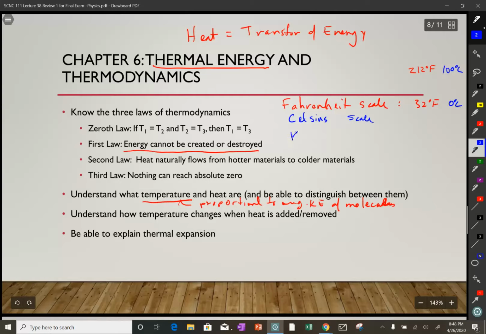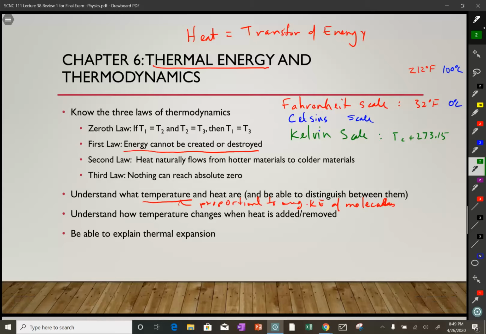And then we have the Kelvin scale. The Kelvin scale is an absolute scale that has temperature Celsius plus 273.15.